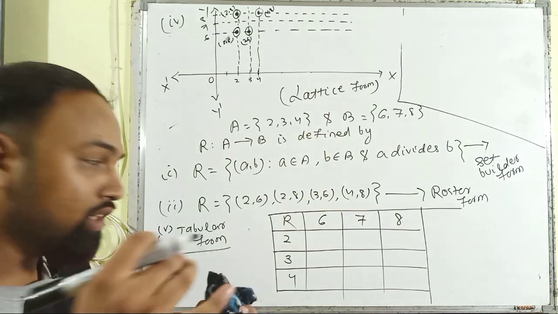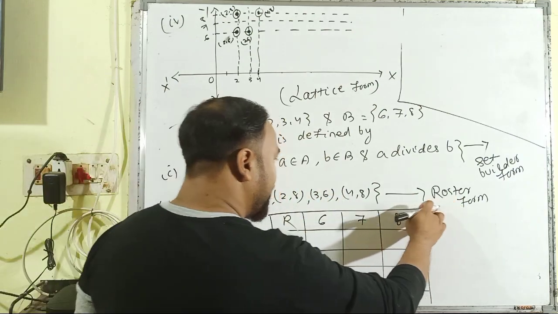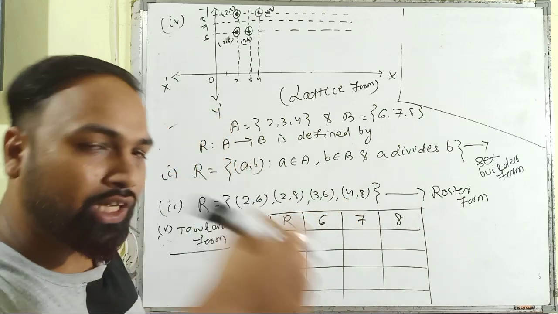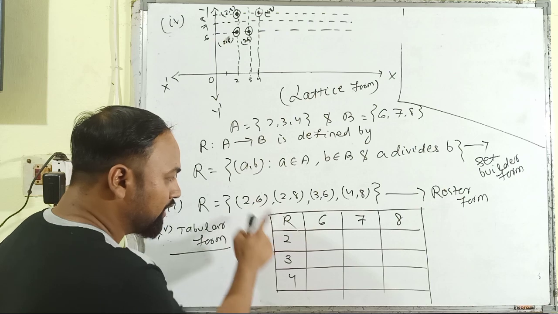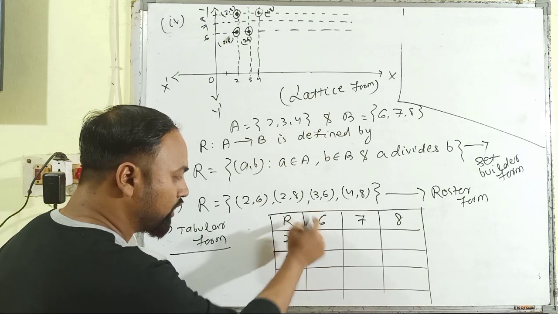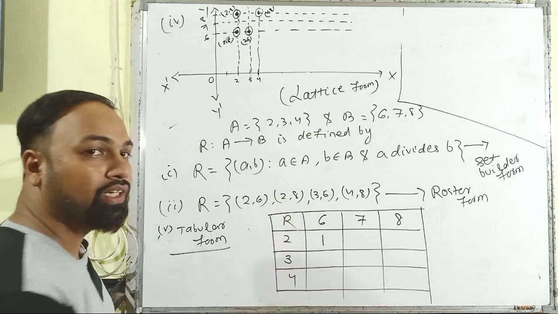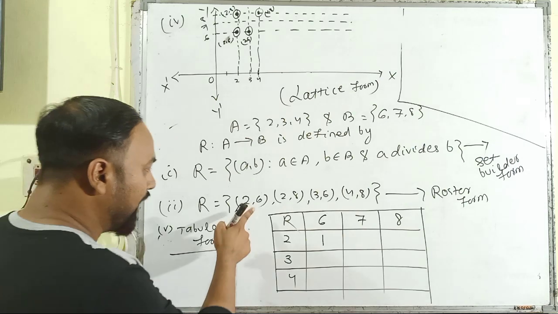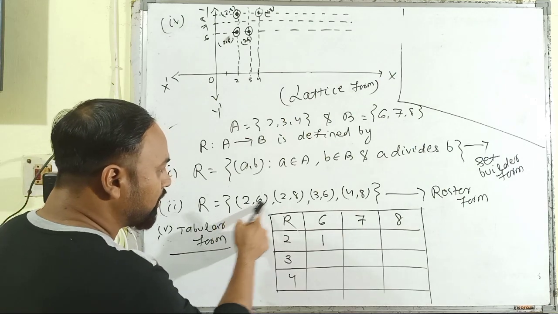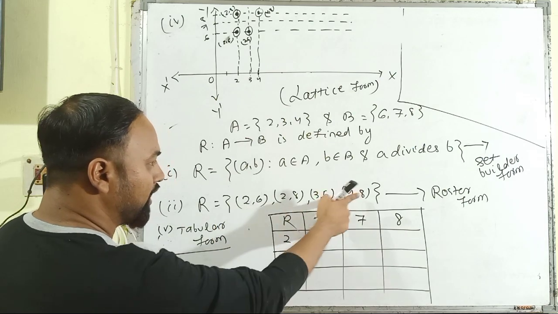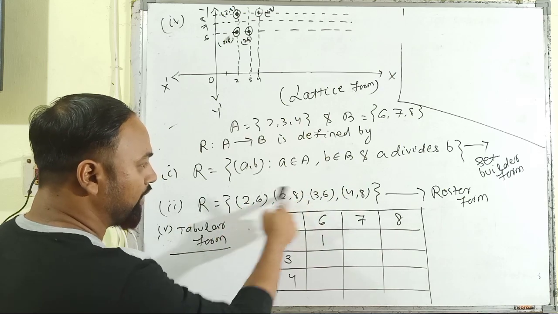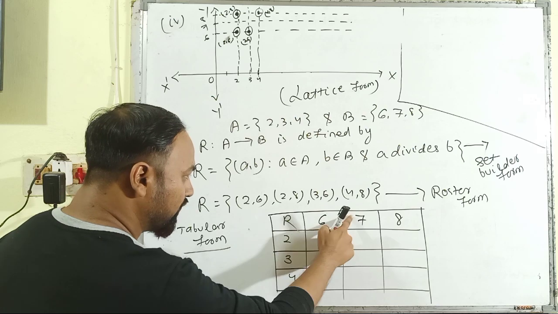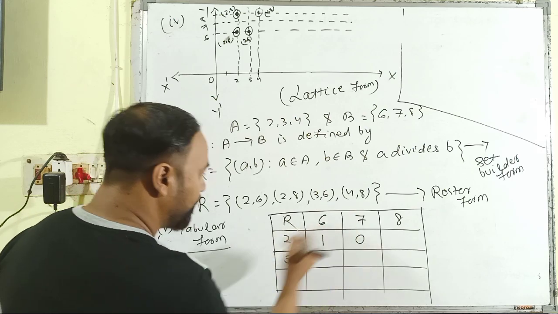The elements which are connected are denoted by 1. If 2 is connected to 6, we represent it as 1. Then 2 is not connected with 7, as you can find in the relation, so for (2, 7) it is 0.